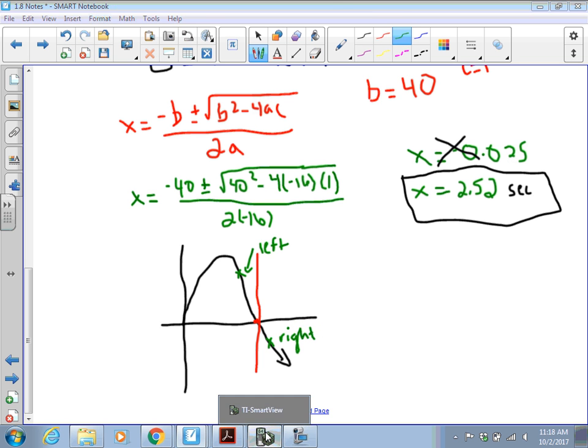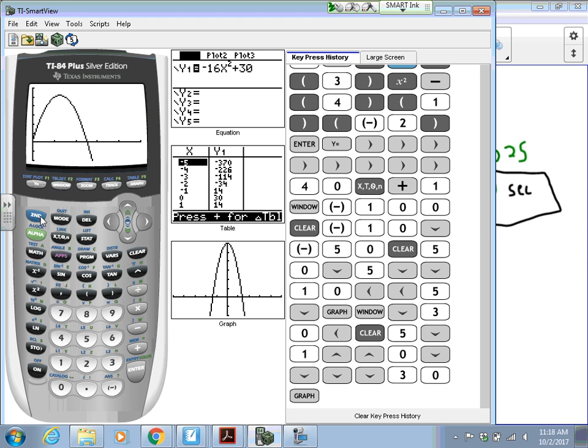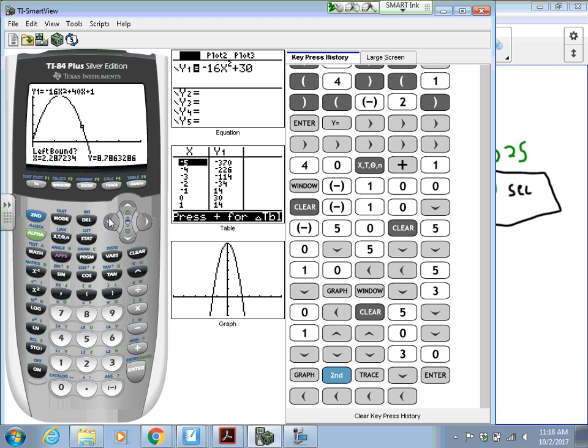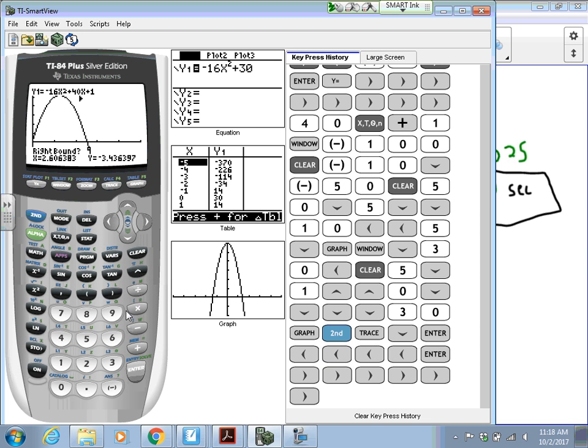So let's go ahead and put this into our graphing calculator. So remember, you go to second, trace, go to 0, and press enter. Remember, for the left bound, we need something that's above the x-axis. So we press enter. And then the right bound is anything below the x-axis here. Remember, you press enter one more time.